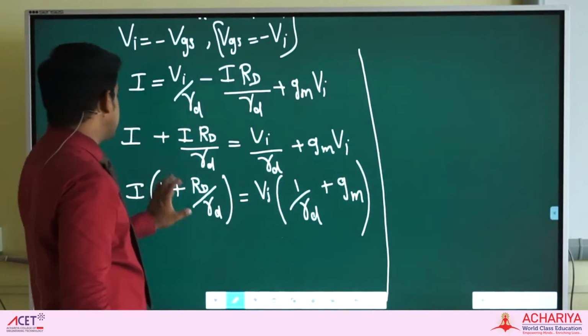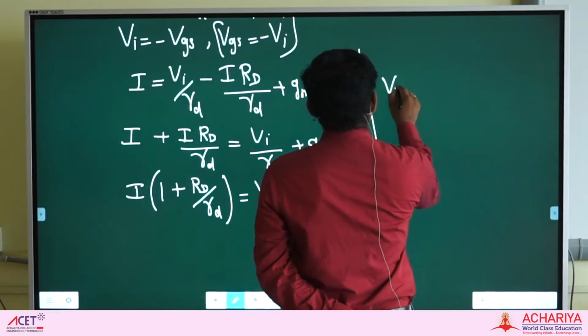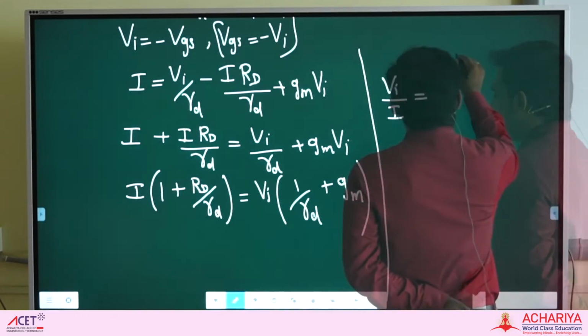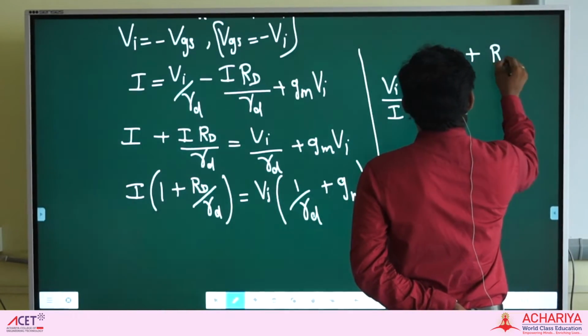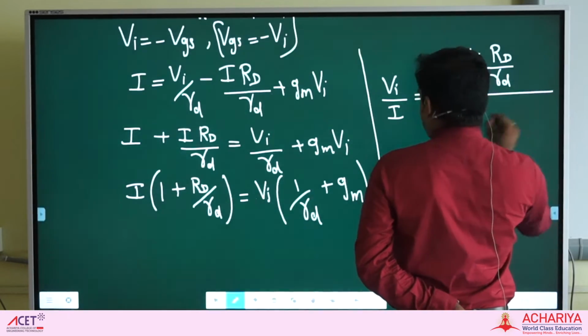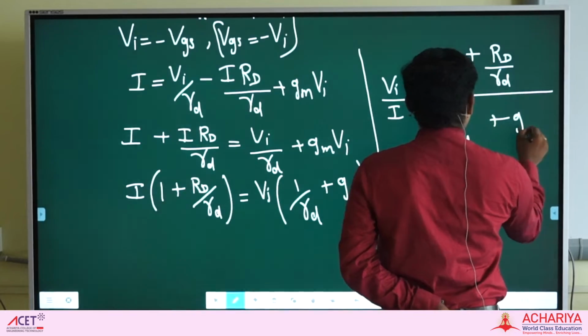Now from this equation we can find VI divided by I, that is Zi dash: 1 plus RD divided by rd, the whole divided by 1 by rd plus GM.